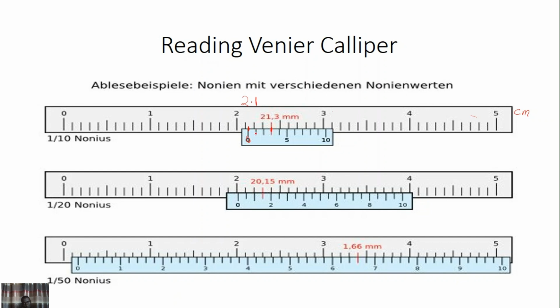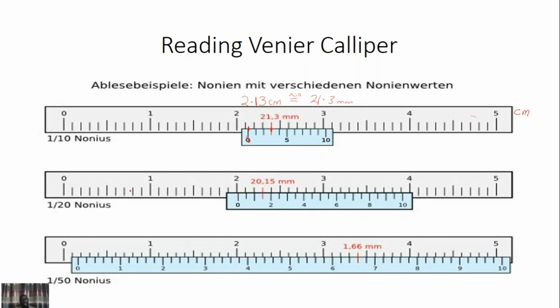This is 1, 2, 3. That is 3 here, centimeter. You can see that this is also equal to 21.3 millimeter. Okay, because you multiply it by 10 to convert it to millimeter. Okay, good. Let's look at the next reading.